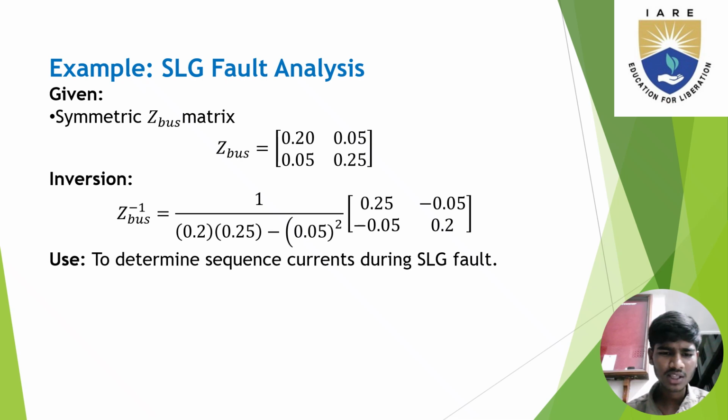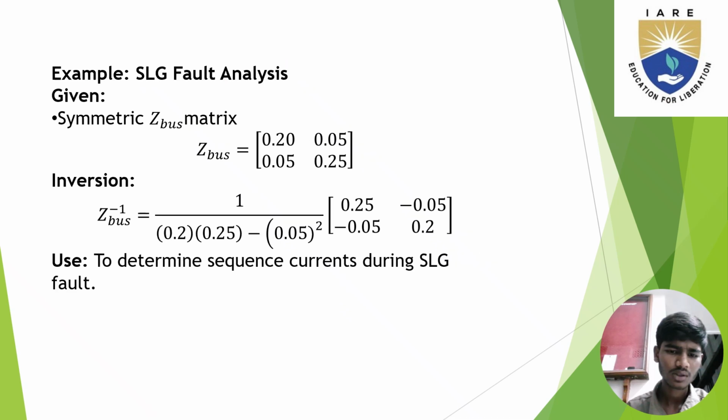We write its inverse as 1 over (0.20 times 0.25 minus 0.05 squared), times the matrix [0.25 -0.05; -0.05 0.20].